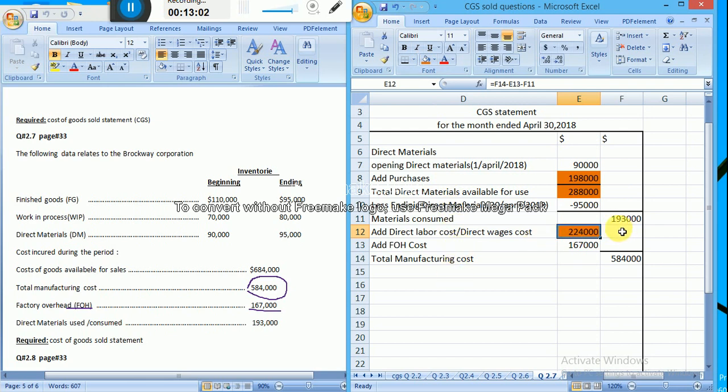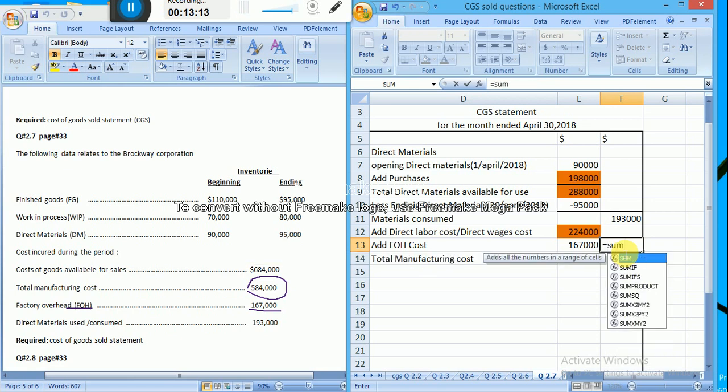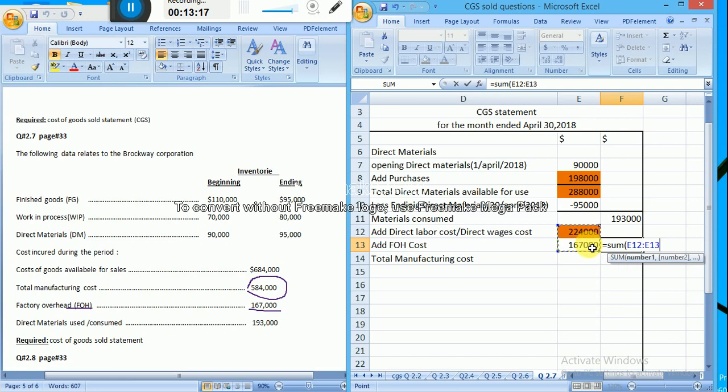Now when we add these two, direct labor plus factory overhead, clear? How much is their sum? 3,91,000 plus 1,93,000, so automatically that is equal to $5,84,000.